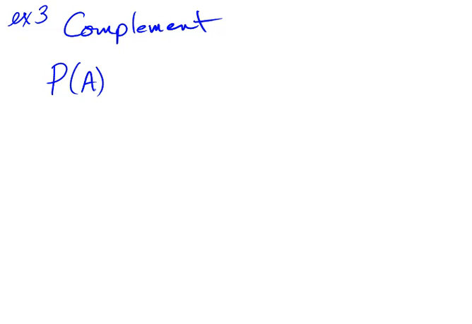Okay, and moving on. So in other situations, it's easier to find the probability of the opposite of what's being asked first, called the complement. So if we talk about the probability of an event happening, we might talk about the probability of some event A happening.